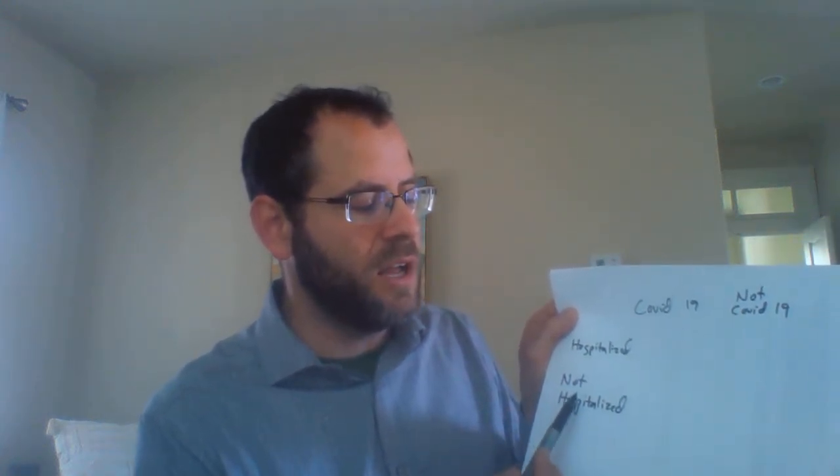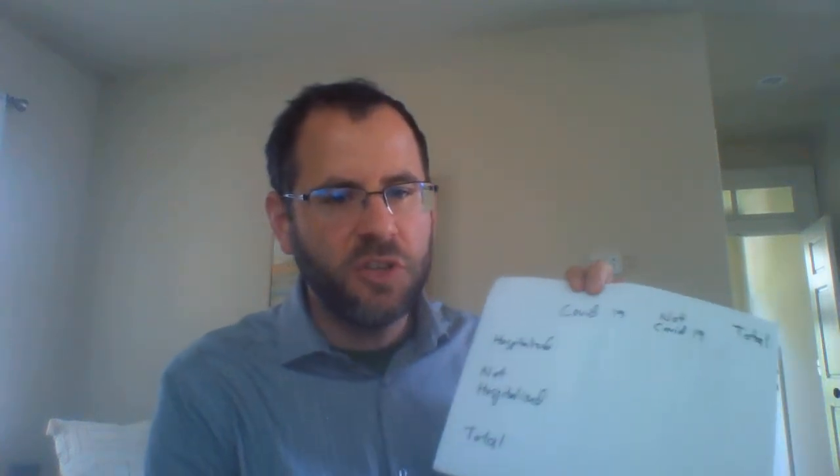I'm going to have rows going down that say hospitalized or not hospitalized. So I've got my two variables, COVID-19 or not, hospitalized or not, and I am going to put totals at the bottom. This is now a contingency table. So we've got two variables and we're going to look at the relationship between the two.